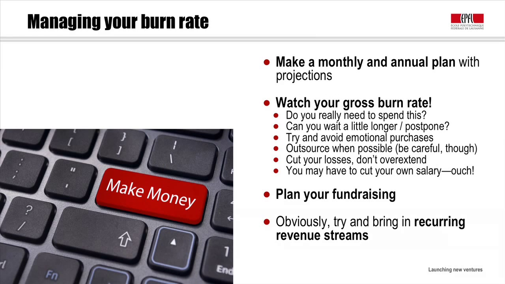Okay, let's think about the burn rate. What can we do to get this burn rate down? Well, first things first, you need to make a plan. Make a plan simply means make a monthly and annual plan with projections. So, for the last year or so, how much have you actually spent?